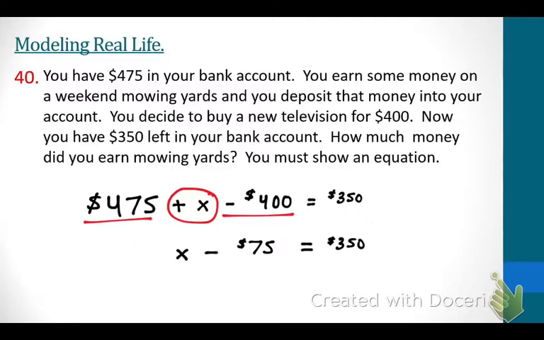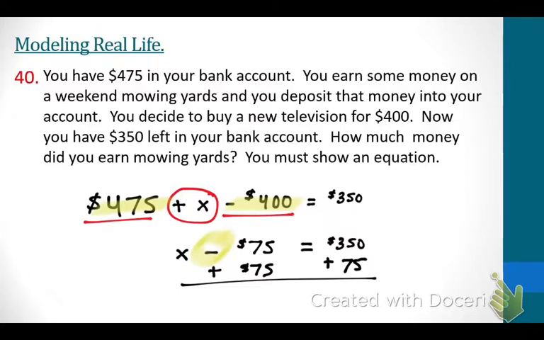How do I get x by itself? Add by $75 on both sides. Okay, hold on, I wasn't looking at this real closely. Guys, what is 475 minus 400? 75. So should this be a minus or should that be a plus?